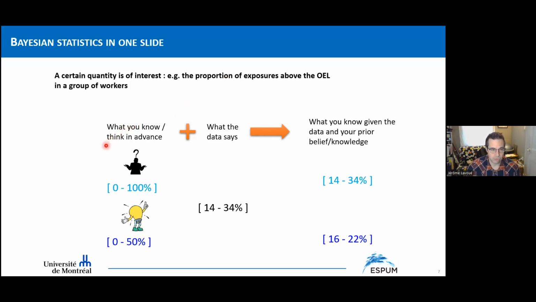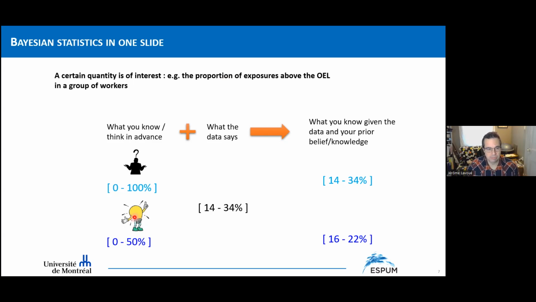So of course you can say I don't know anything. For the exceedance fraction, you would just say it is anywhere between 0 and 100%, and every value has the same chance of being true. But you can also use various sources of information to say you know a little bit about the exceedance fraction.